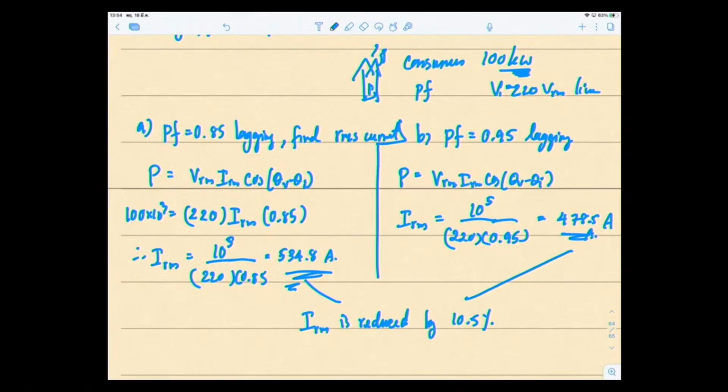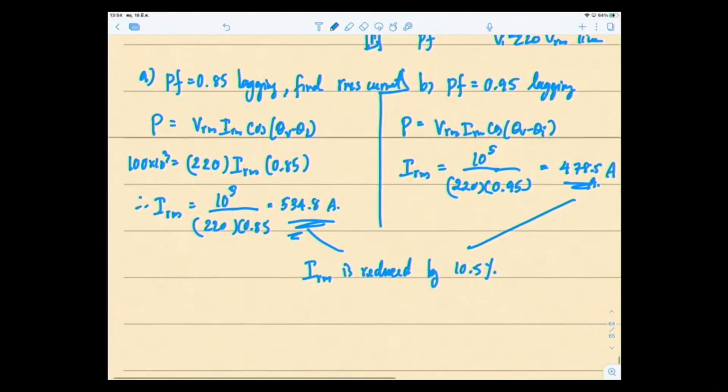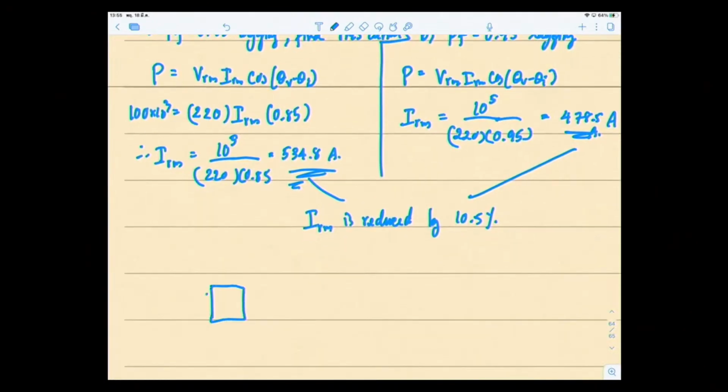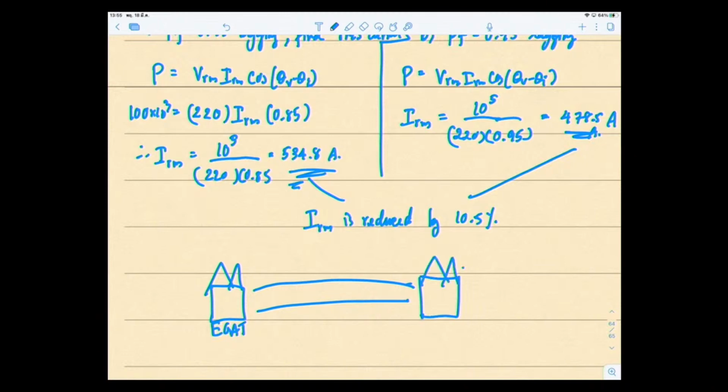I'm the power company generator that has to generate this power. If I am a generator like in Thailand, maybe EGAT, the generating power company, there's a transmission line, and it will have to go to this factory, a 100k watt load with some PF. And considering that the transmission line, to keep it simple, has 0.1 ohms.